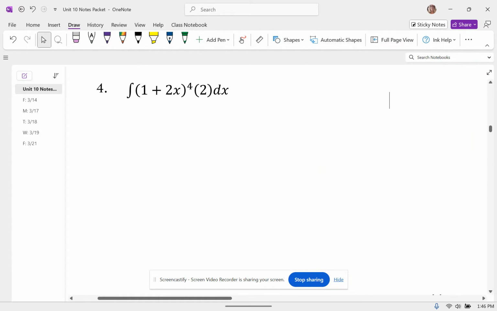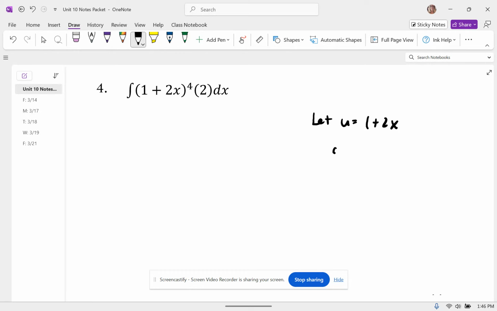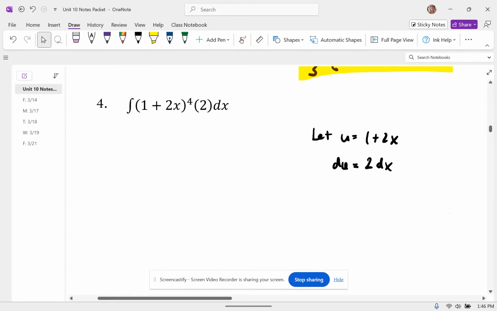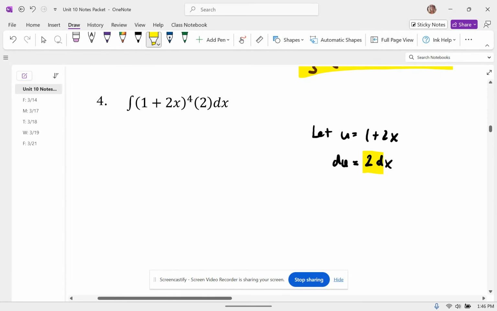All right, let's look at question 4. We stopped at Eleanor. We're going to Colin. Colin, who is u? U is 1 plus 2x. Okay, so what is the derivative, Stevie? du is 2dx. Okay. So now, Eleanor, check it out. I got a 2 and a dx.